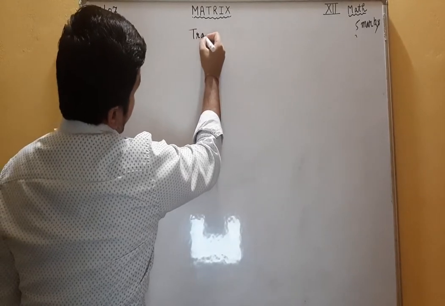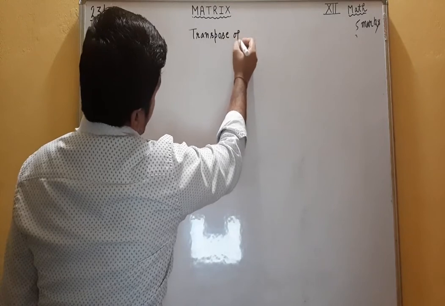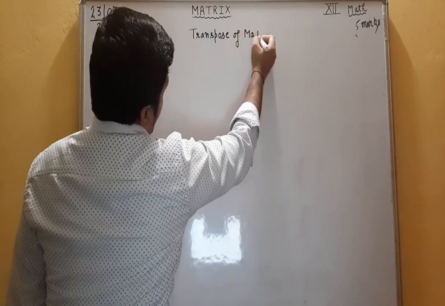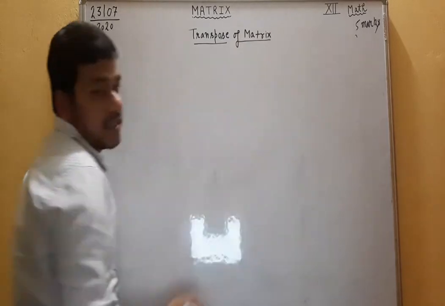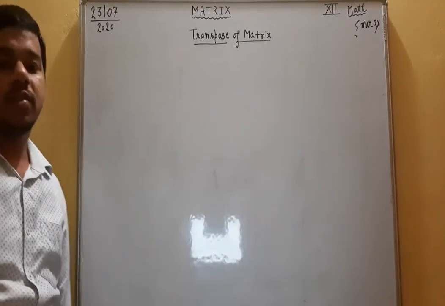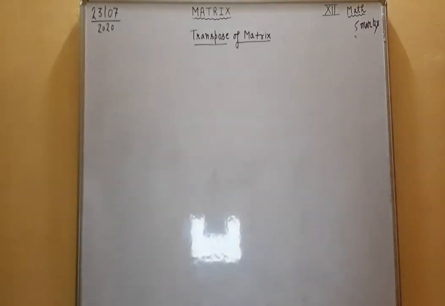Transpose of a matrix. A matrix obtained by interchanging rows and columns is called the transpose of the given matrix.